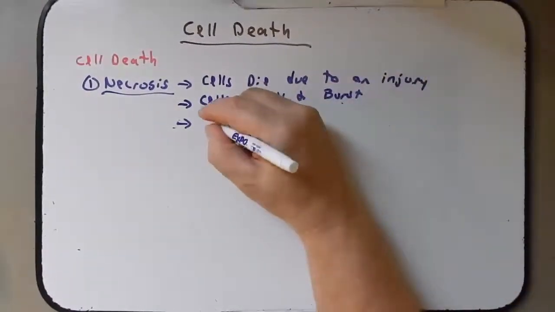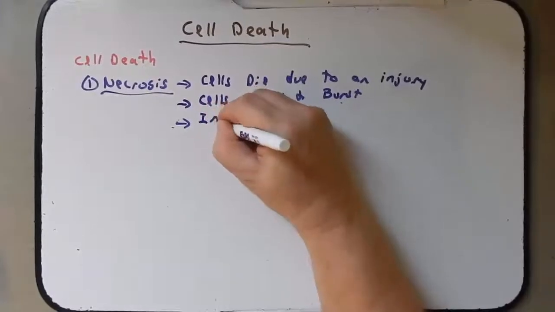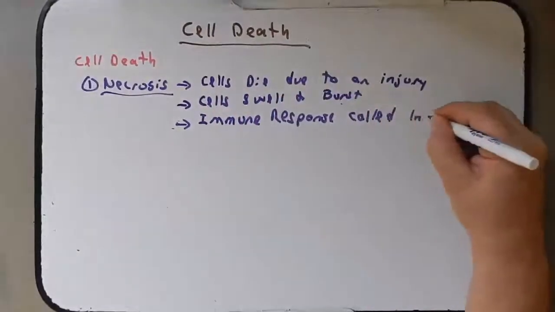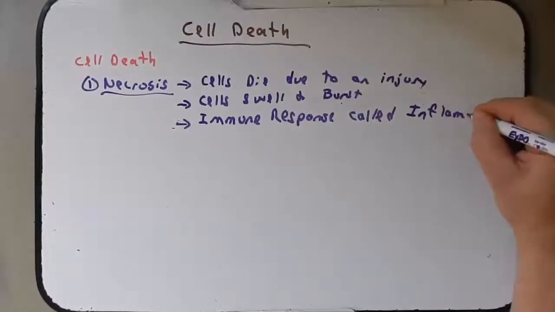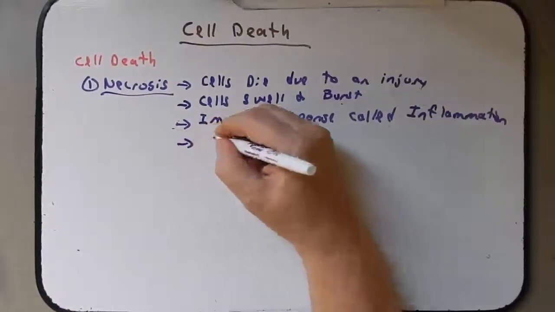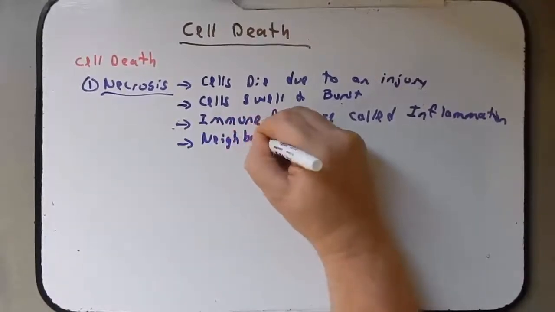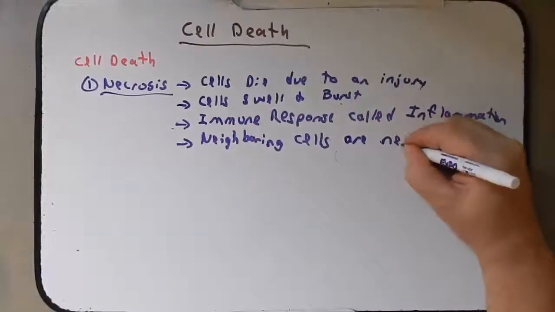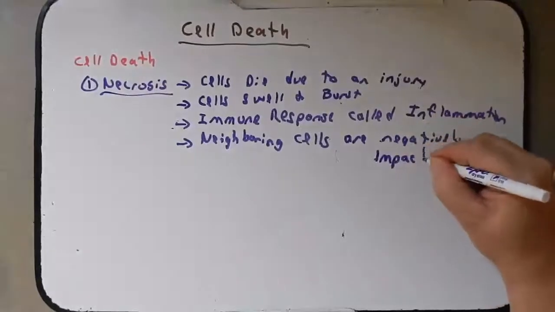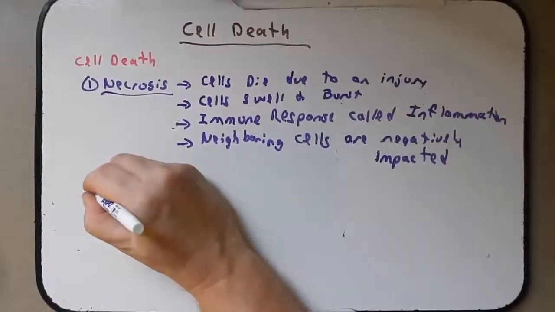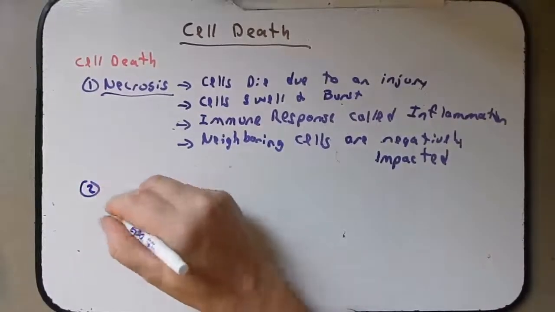This results in an immune response called inflammation. As a result, neighboring cells are negatively impacted.